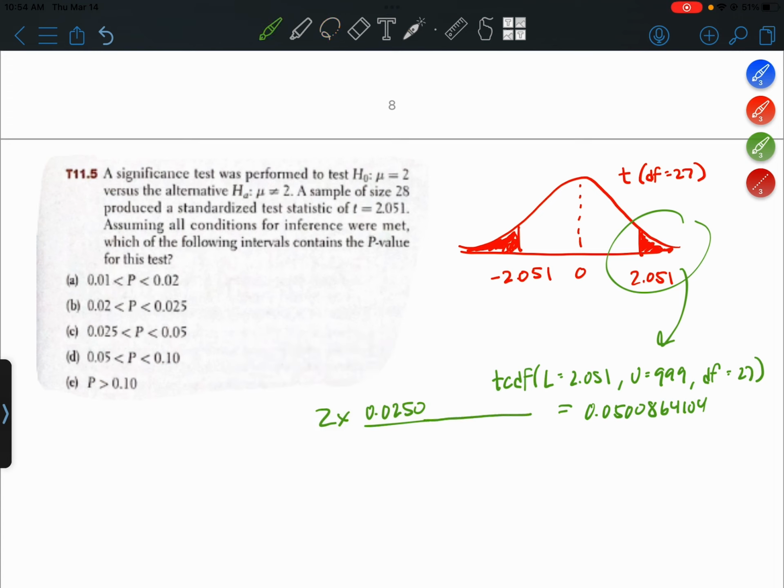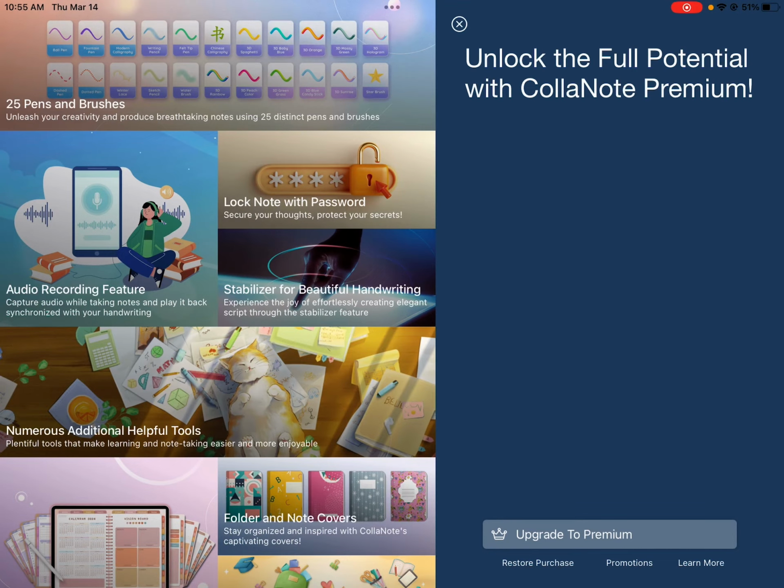The area of one tail was 0.0250432052. So I went several digits. This is the p-value right here. So it's slightly greater than 5%, which means I'm going to choose option D. It's greater than 5%, barely, but less than 10%.